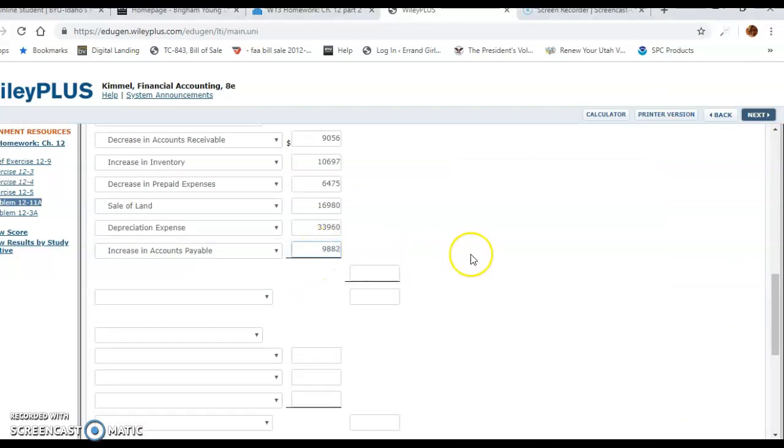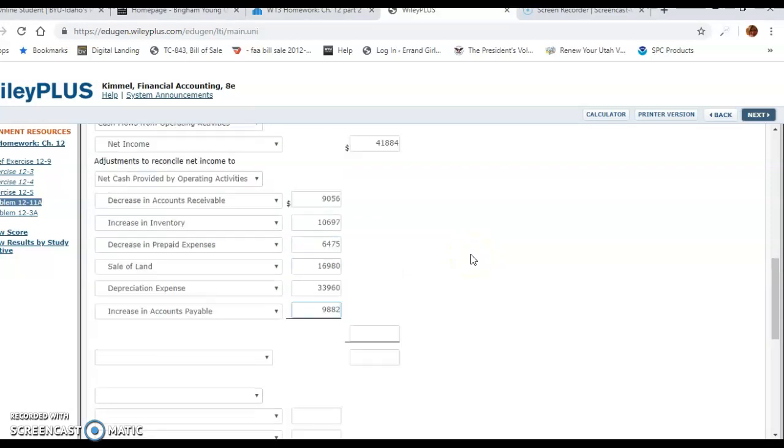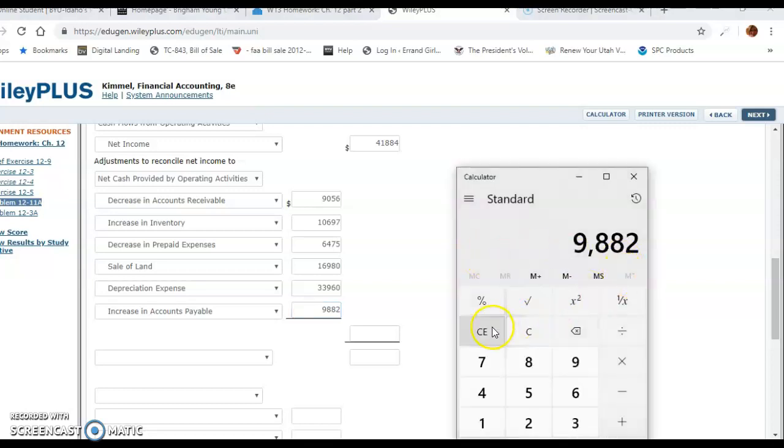Okay. So I don't know. Some of those probably should be negatives or positives. I'm not sure. So I'm going to just add them all together at this point.